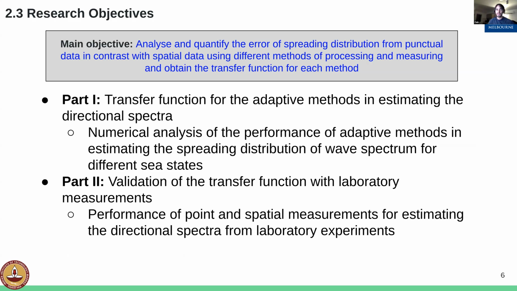We did this numerically, and we used Fourier analysis. We estimated the spreading coefficient with the different methods, and then we proposed a transfer function, and we did this for different sea states. Then we did experiments in a laboratory setting to see if this same behavior was still followed with real waves.